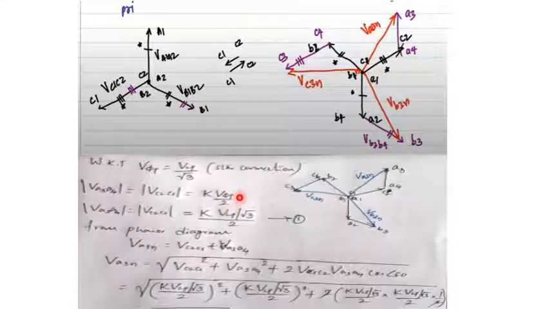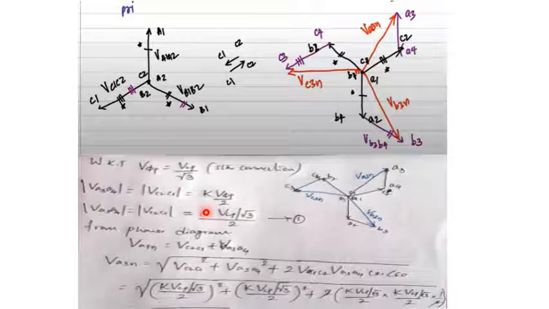The primary side net phase voltage is VΦP. So VA3A4 magnitude and VC2C1 magnitude will be half of the primary side phase voltage times the transformation ratio, that is K into VΦP divided by 2.